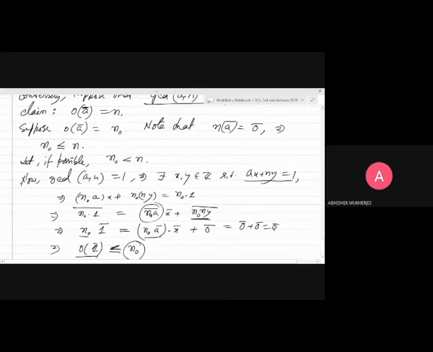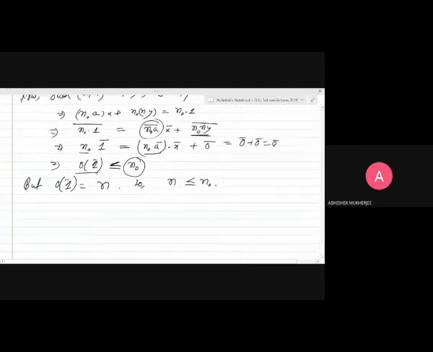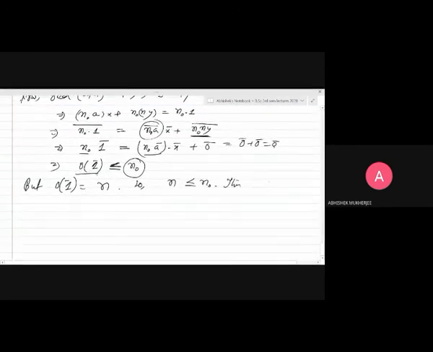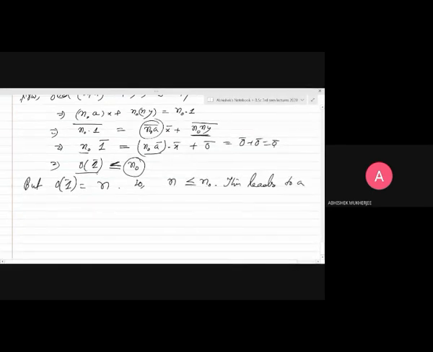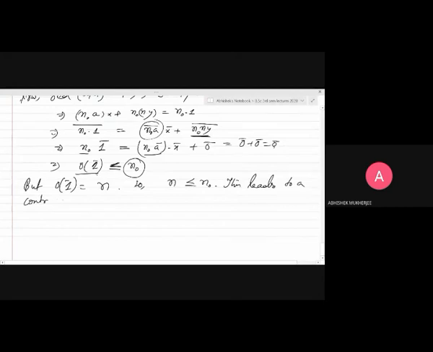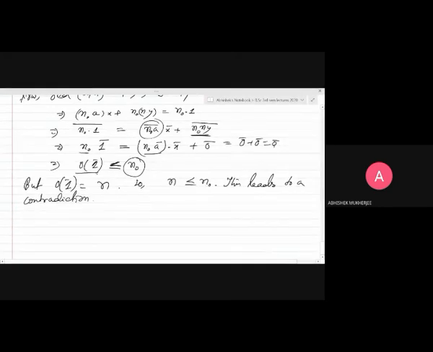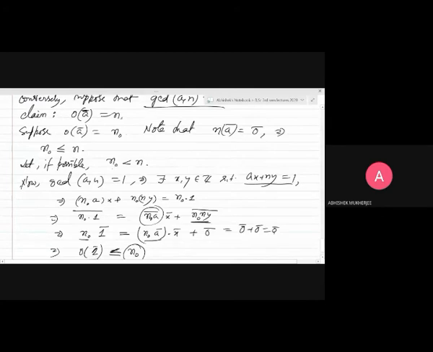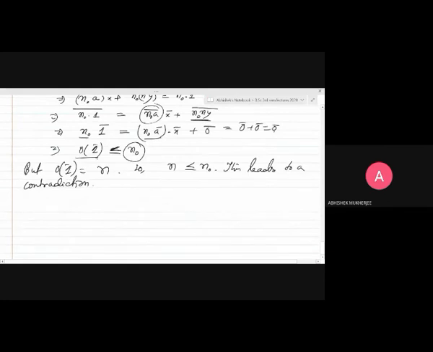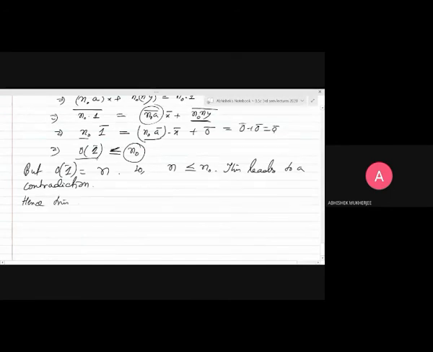So this leads to a contradiction, right? As you have assumed that n naught is strictly less than n, how could it be possible that n is less or equal to n naught? So hence this proves that n naught and n are equal, that is, order of 1 class is n.